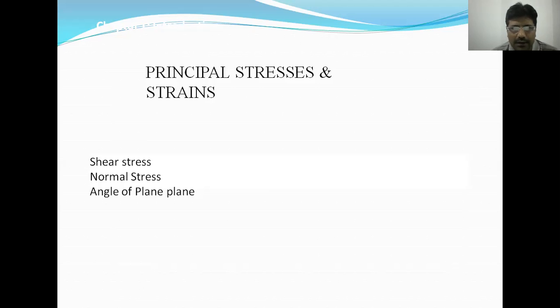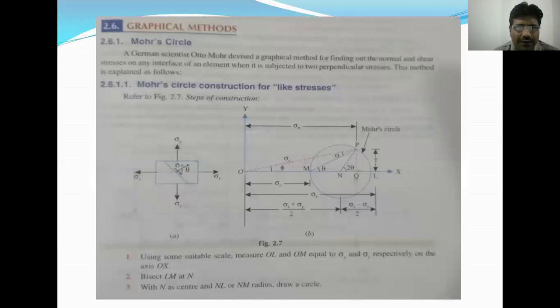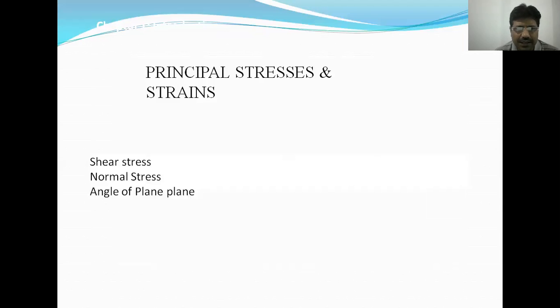Analytical methods are there, and graphical methods are there. First, we'll discuss the graphical methods. The main graphical method in our syllabus is the Mohr circle, and it is a very important method of finding these three parameters: shear stresses, normal stresses, and the angle of the principal plane.